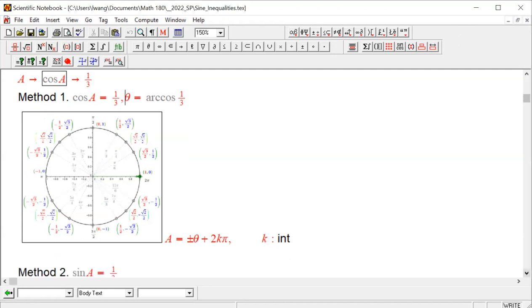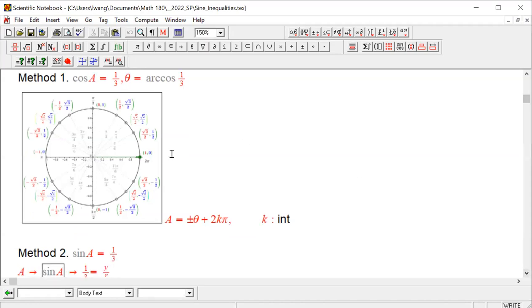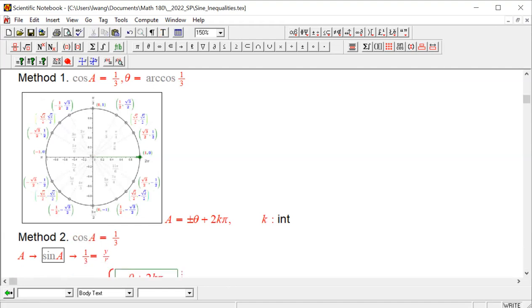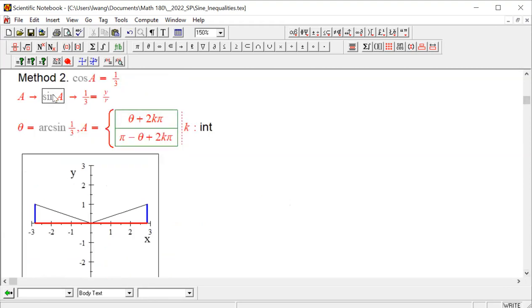This will be related to method 2. So I'm going to use just cosine theta. I'll show you the version of showing work. So this is a cosine, right?